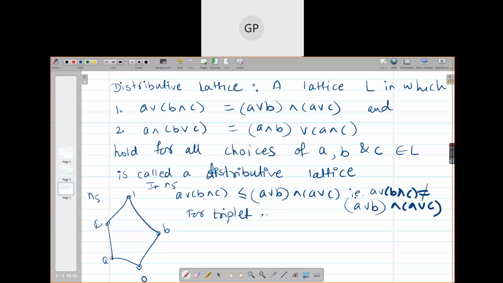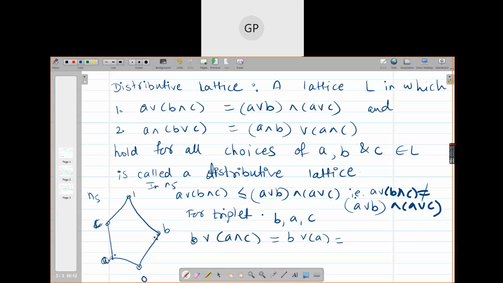Now for triplet BAC, what do we have? I'm changing the sequence: B join A meet C, because the order is very important in distributivity. What is B join A meet C? What is A meet C? It is A. And what is B join A now?